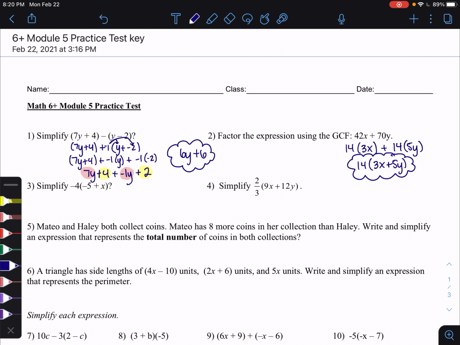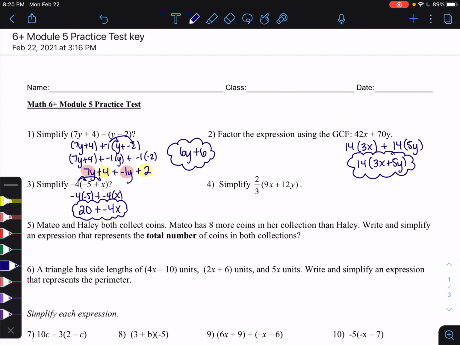Number 3, we're just going to use the distributive property. So I'm going to draw my arrows. I have negative 4 times negative 5 plus negative 4 times x. A negative times a negative is going to be a positive 20. And then negative 4 times x is going to be negative 4x. For number 4, I'm also going to distribute.